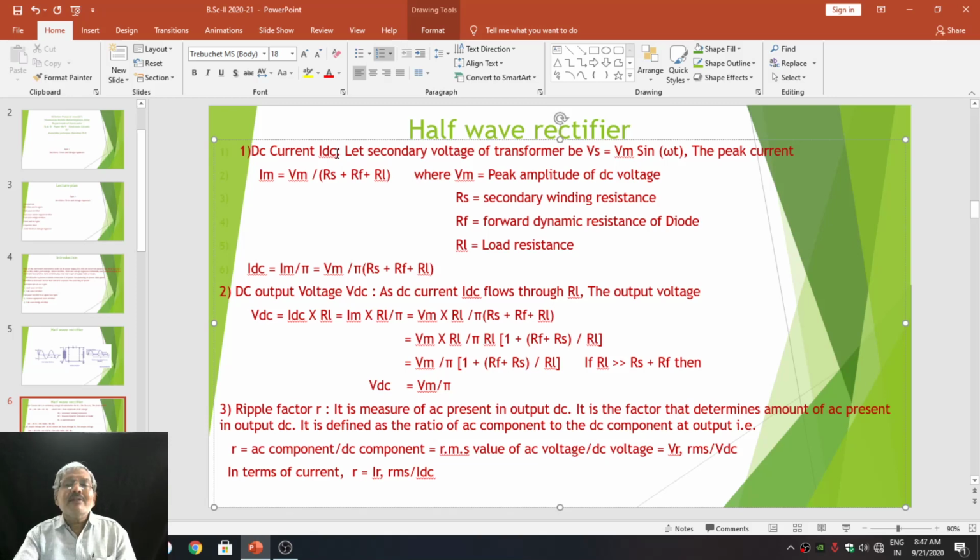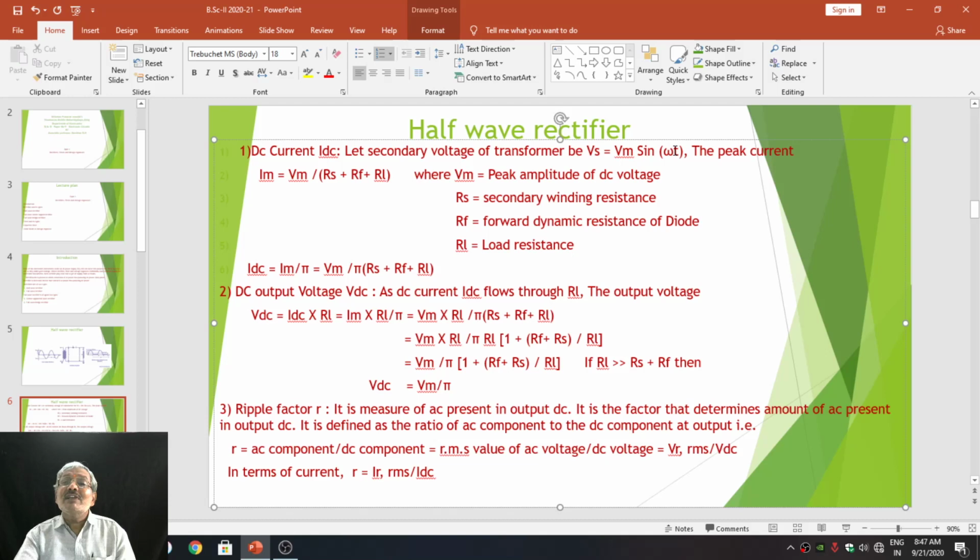To determine its magnitude, let us consider the secondary voltage of the transformer, Vs is equal to Vm sine of omega t. We are aware that input voltage is in sinusoidal form, and that's why it is represented as sine of omega t, and omega is equal to 2 pi f.